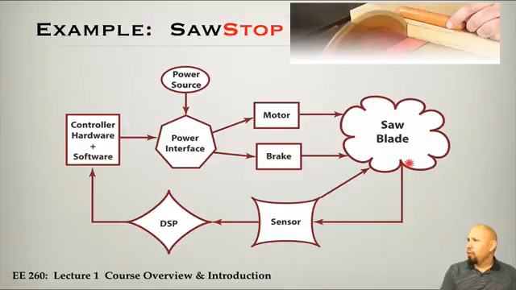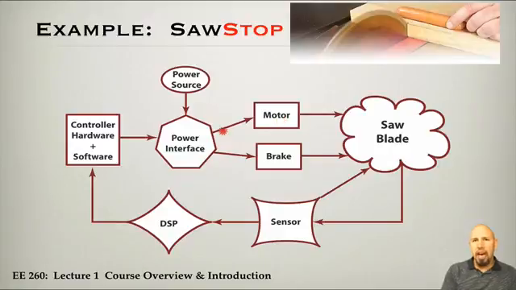When your finger is in contact with the blade, the sensor identifies through the DSP that a change has occurred, and that is communicated to the controller. Otherwise, the controller drives the power interface. The power interface takes the power from the wall, which is 120 volts, and applies it to the motor. That's what's used to drive the blade.